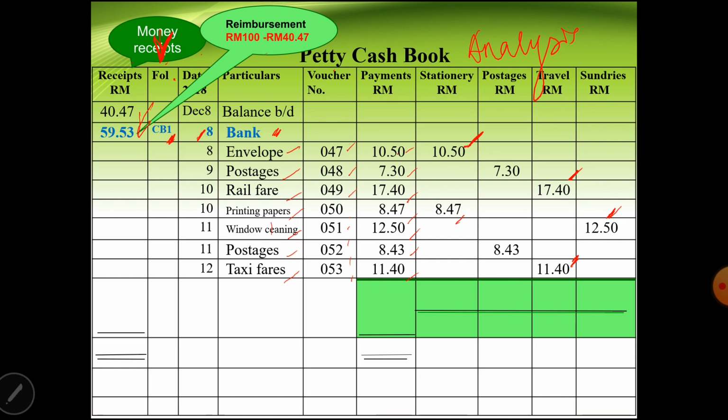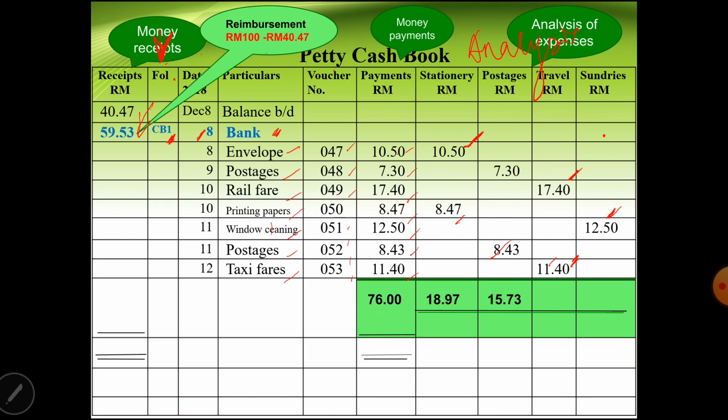So you do all the classification, and after that you total up the figures. Okay, so this is the notes, the money payment, the analysis column, and you total up every item including the payment column and the analysis column. You total up everything and you do the closing now.